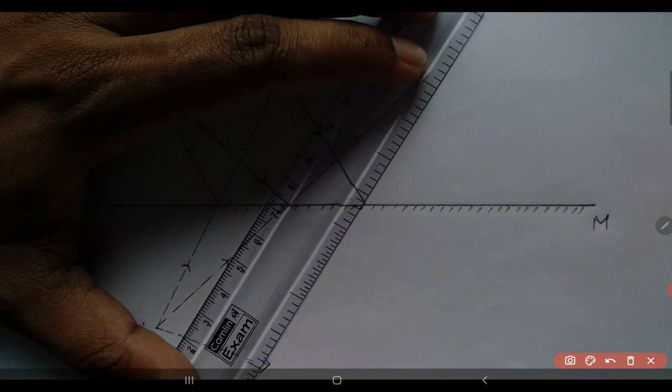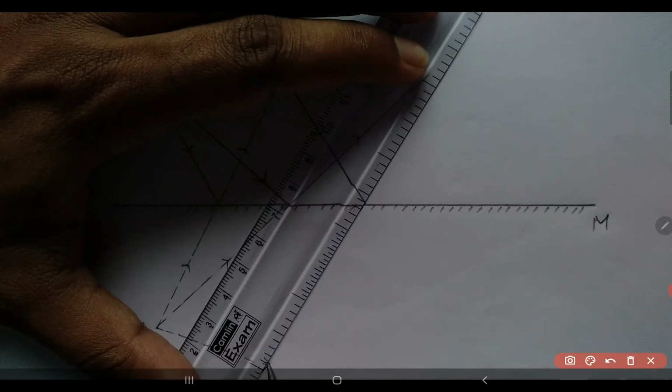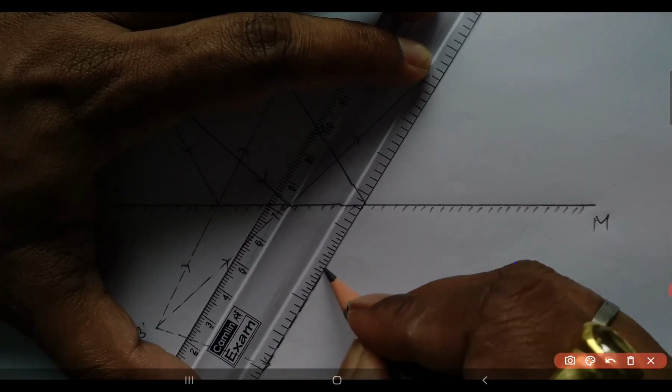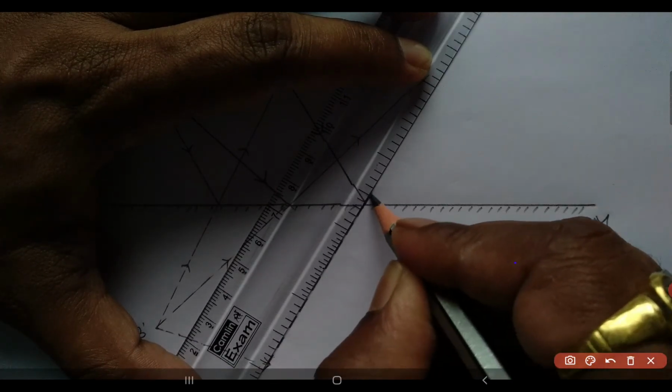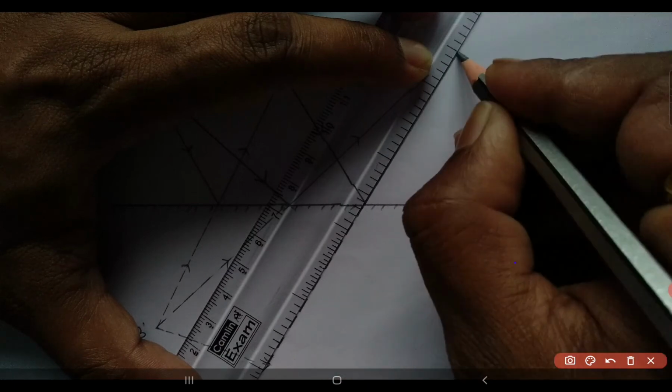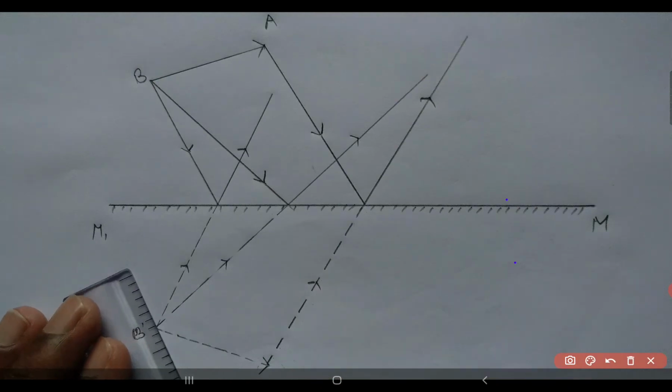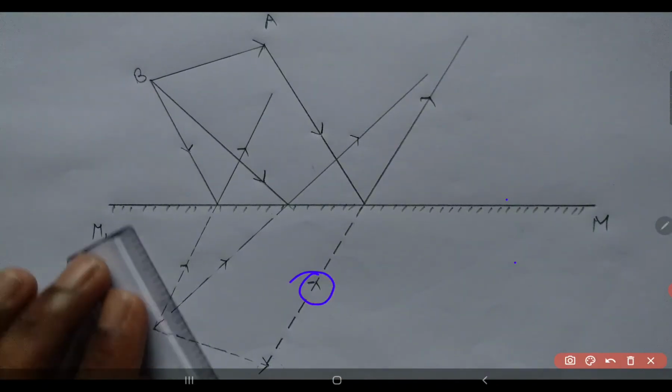Now I will draw the reflected ray for this particular incident ray also. As you can see, it is moving up, and again this arrow is not necessary.